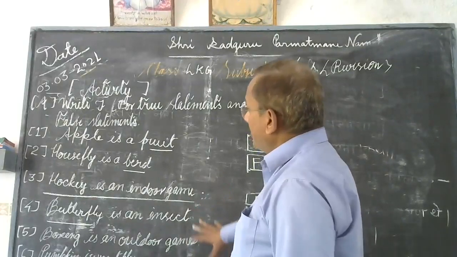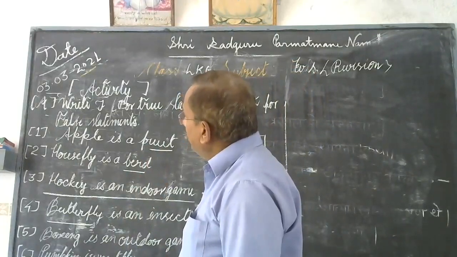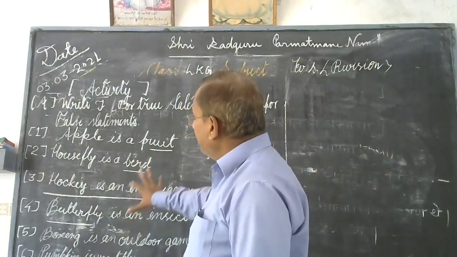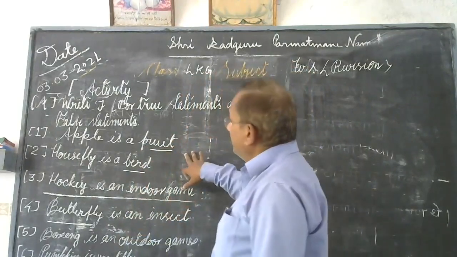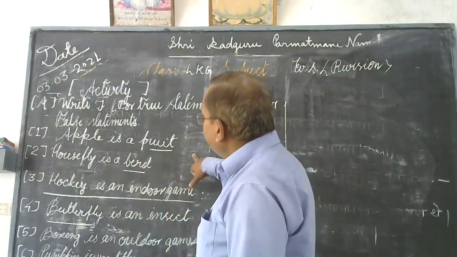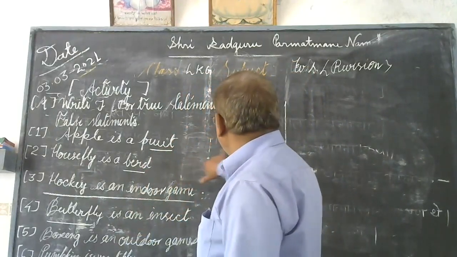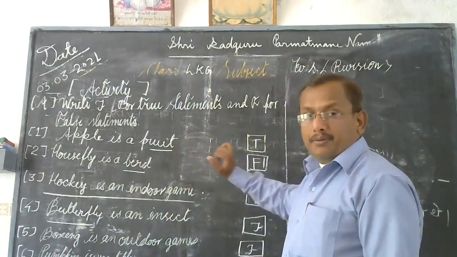So there are 6 sentences given here. We write those sentences in the notebook also. You can read them one by one, 1 to 6. First is given: Apple is a fruit. We will put T here because apple is a fruit.